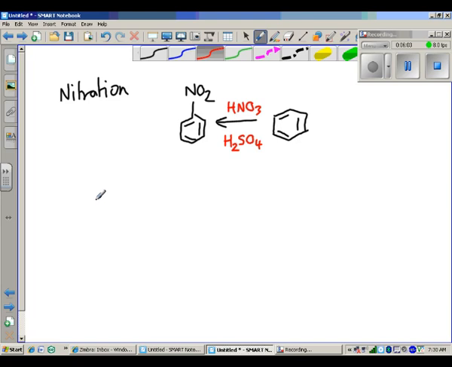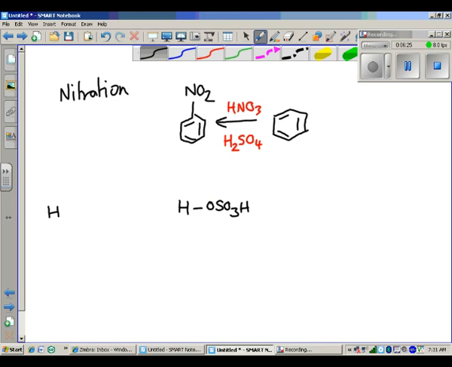So all that happens here is, if I just draw out a basic structure of my two acids, here is my sulfuric acid, or at least part of the sulfuric acid. I'm only drawing out the bond that's particularly important, this OH bond.